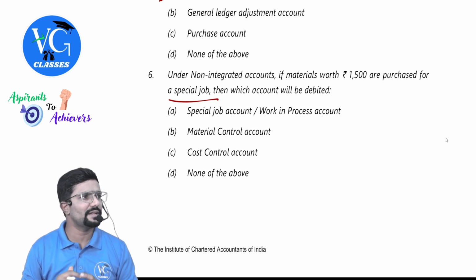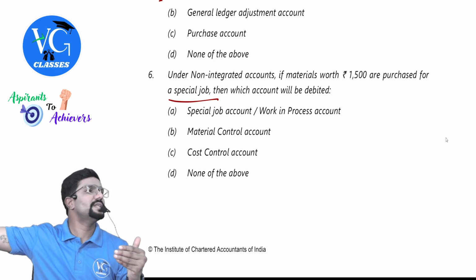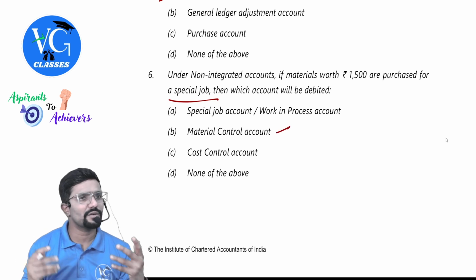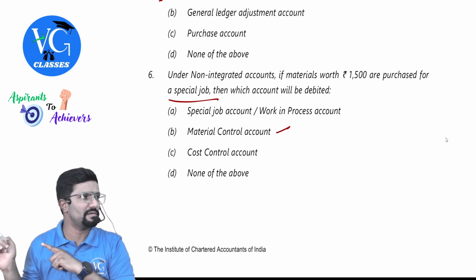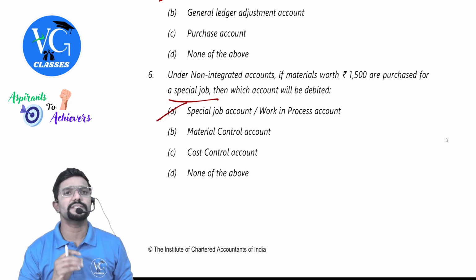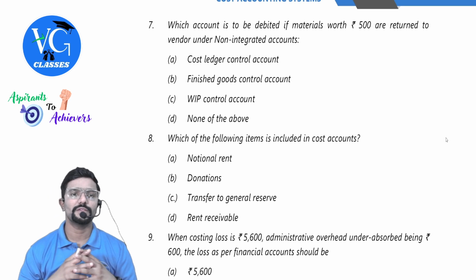If it is a regular material, we normally purchase and receive it in materials and then send it to the WIP account. Clear? So first we record normally in material control account or stores ledger and then issue to the production through WIP account. But here, as it is a purchase for a special job, straight away it is A, guys.